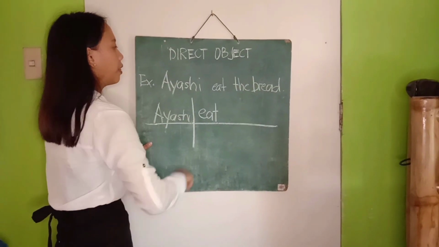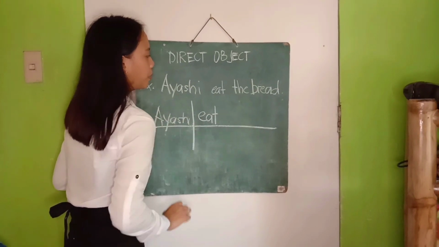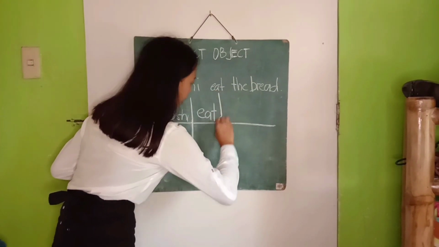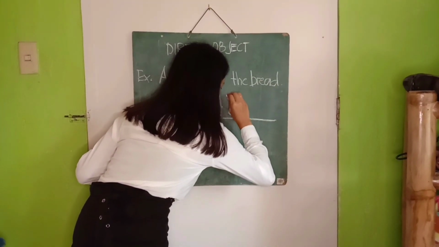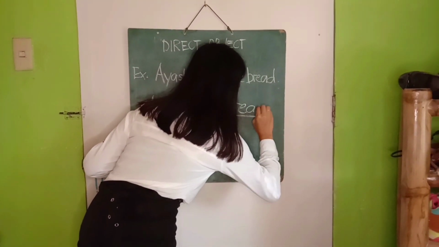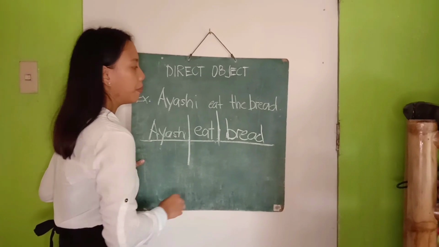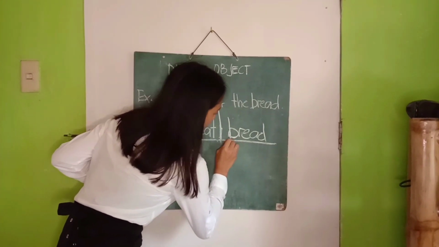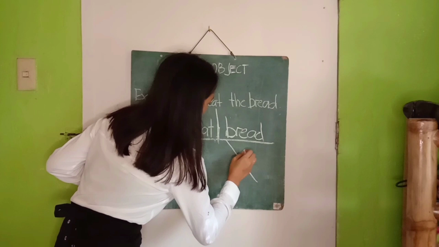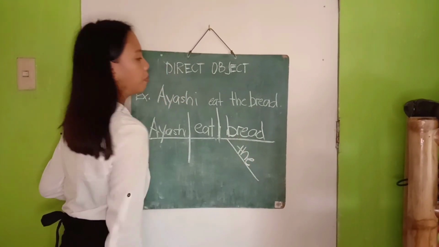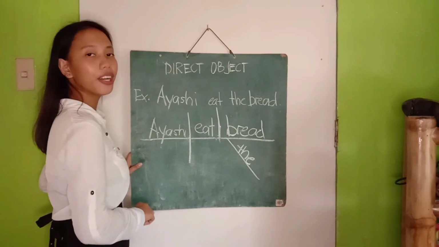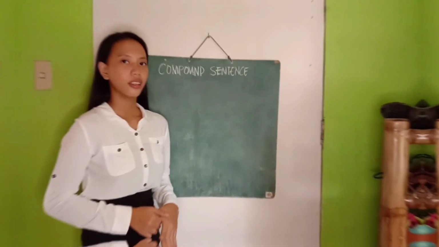To separate the verb and direct object, draw a straight line here and write the bread. And for the determiner, draw a slanted line and write the below the direct object. That's how we diagram a direct object.